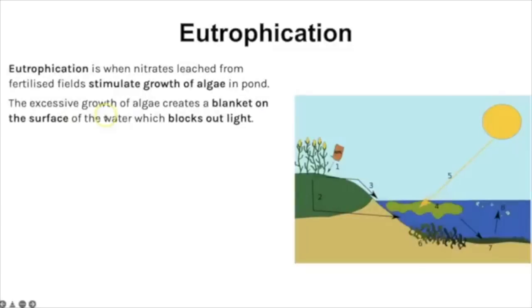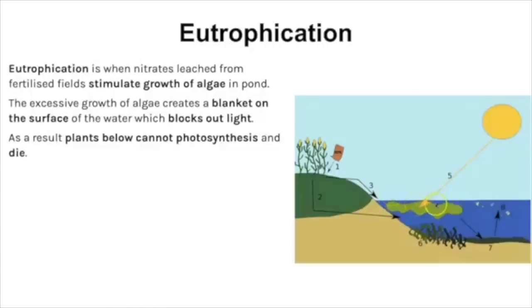So the excessive growth of algae creates this blanket on the top of the water. That blocks the light. As a result, plants below that blanket aren't going to be receiving light for photosynthesis and they end up dying.